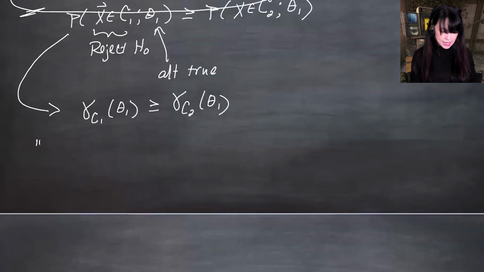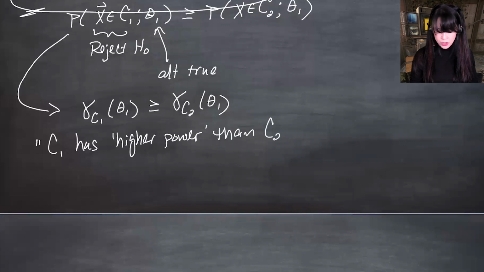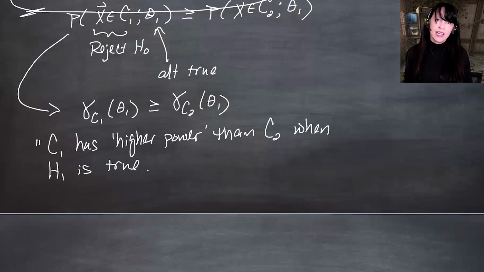So we say that C1 has, in quotes, higher power than C2 when the alternate hypothesis is true. Our better test is also a test with higher power.